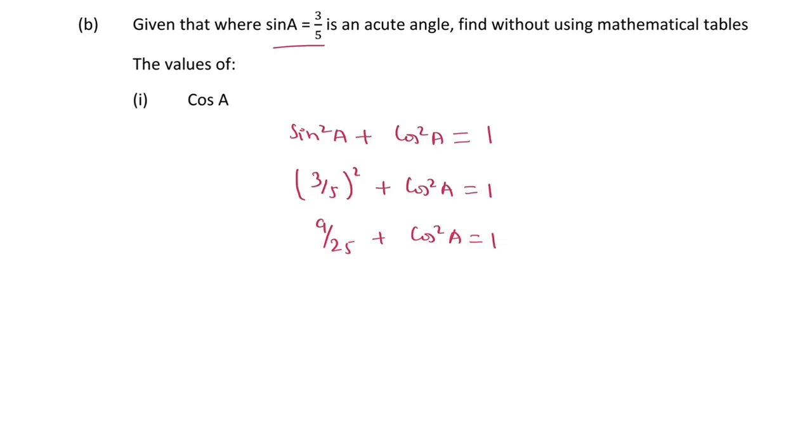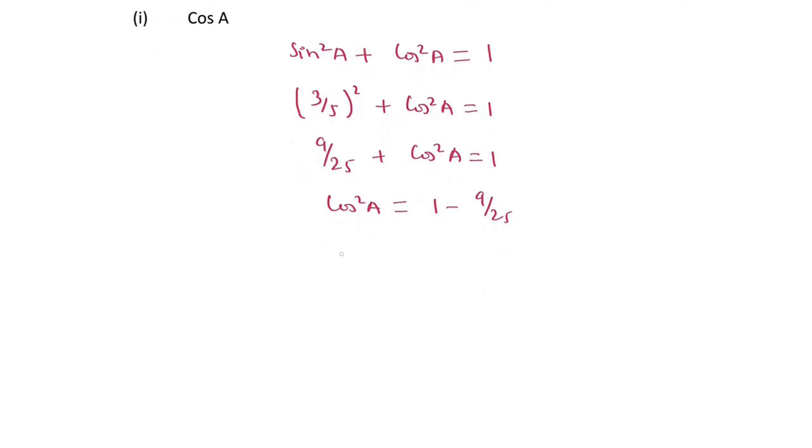Now let us rearrange this equation. We have cos squared A equals 1 minus 9 over 25. Solving our right hand side, our equation is going to be cos squared A equals 16 over 25.